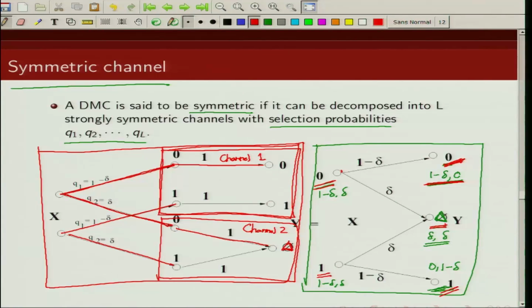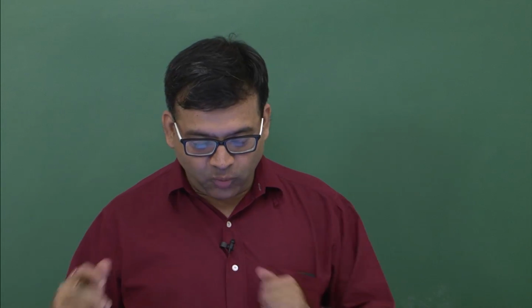Similarly, when you consider this particular input, the transition probability to this particular output is delta. So from 1 you can go to this state with delta into 1, which is exactly the same, and 1 to 1 is 1 minus delta into 1. So these two channels are exactly equivalent.